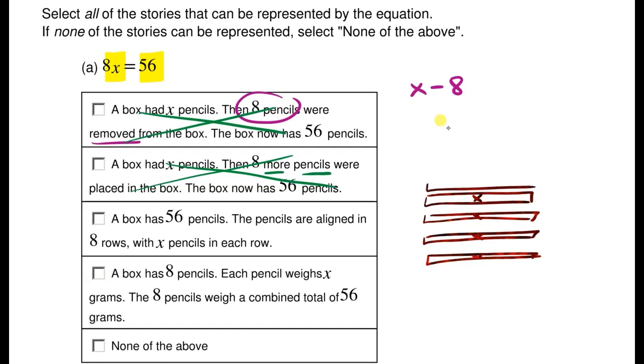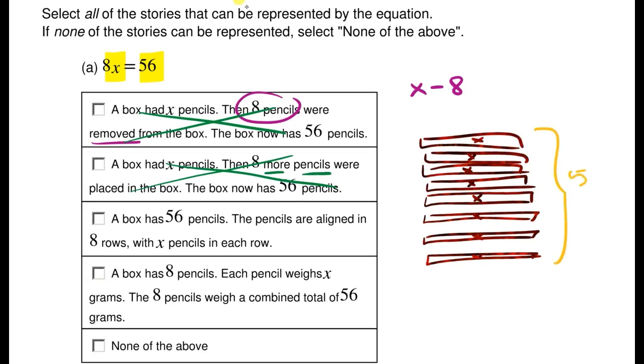One, two, three, 4, 5, 6, 7, and 8. And the total for all of them is 56 pencils. So that is 8 times X equal to 56. So scenario 3 makes sense. I would say that is one of the answers.